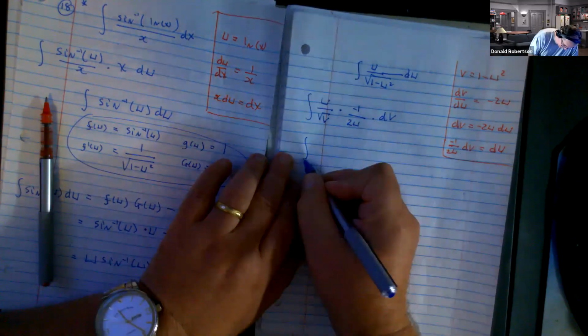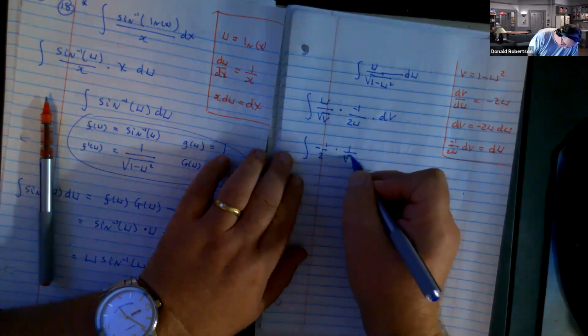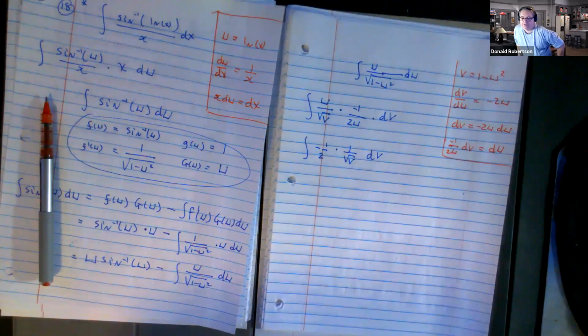That becomes negative 1/2 over that dv, and you know I like to separate the fractions. This one is fighting us every step of the way. Nothing's coming out nice, but we're still going to fight it to the end.